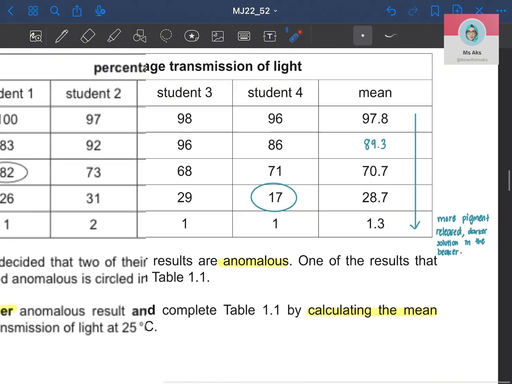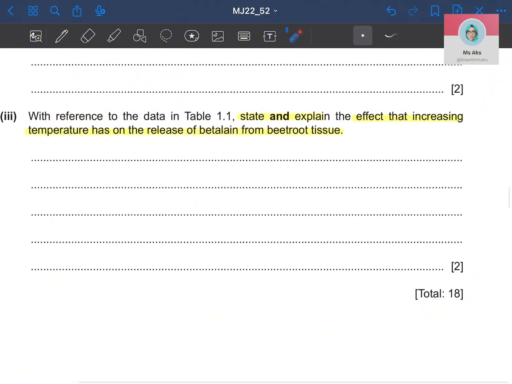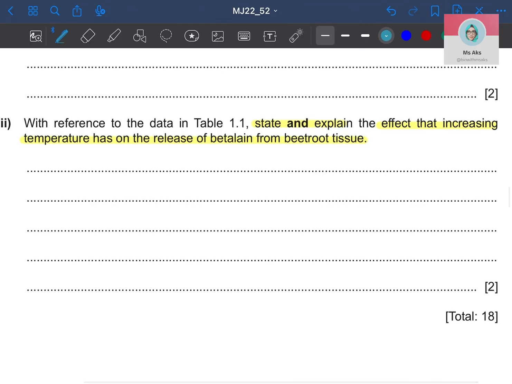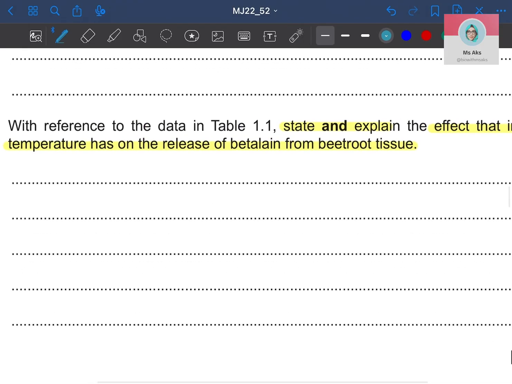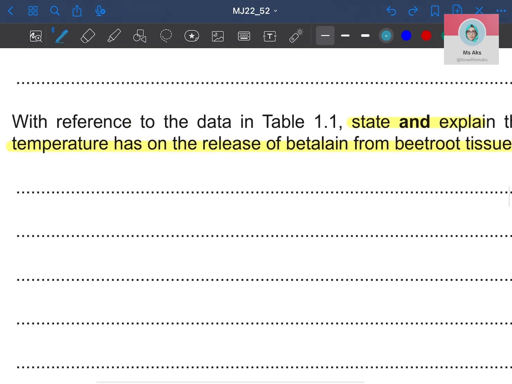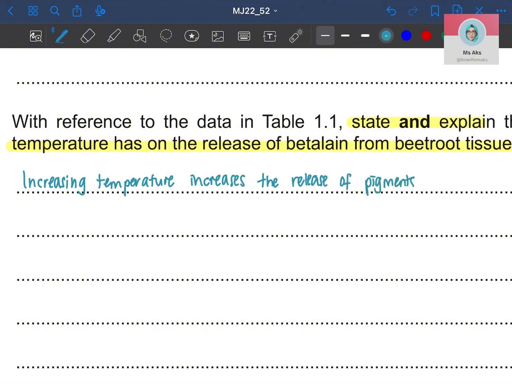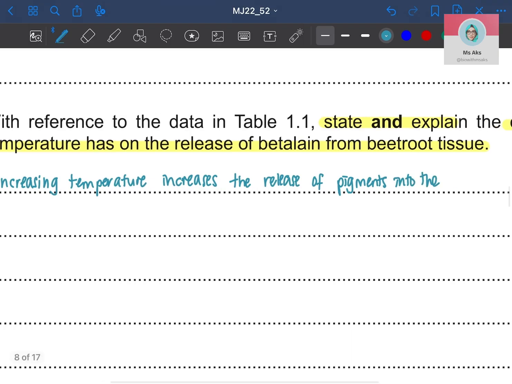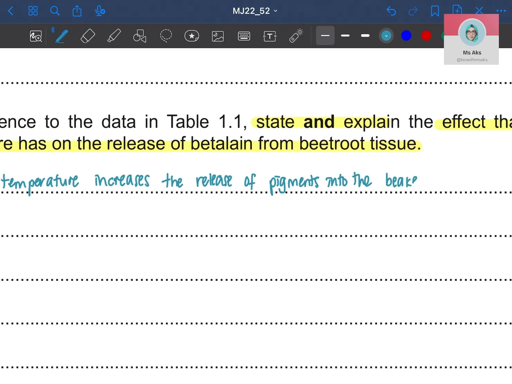So from that we can already write down here that increasing temperature increases the release of pigment.